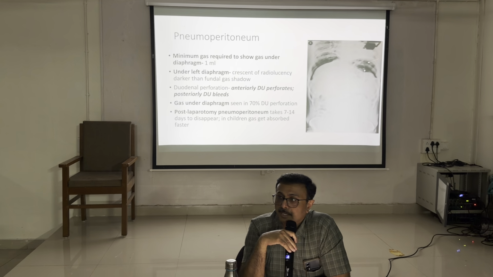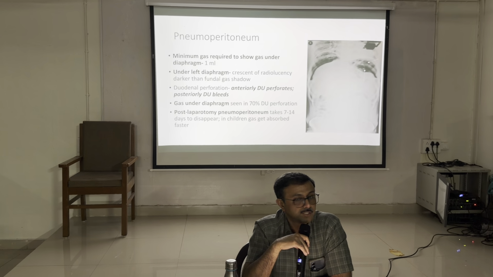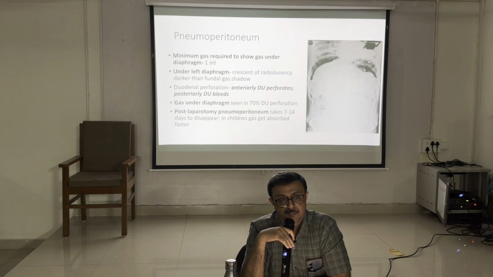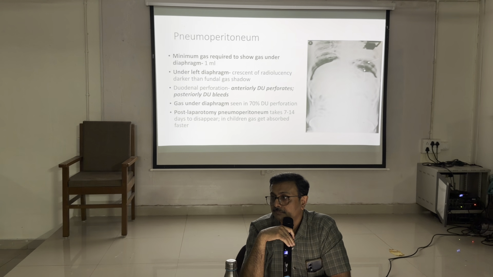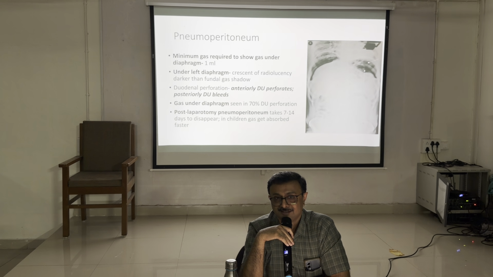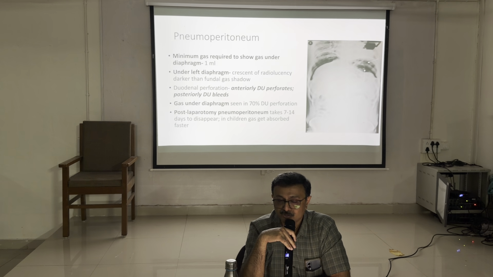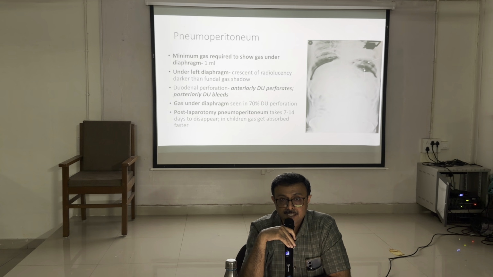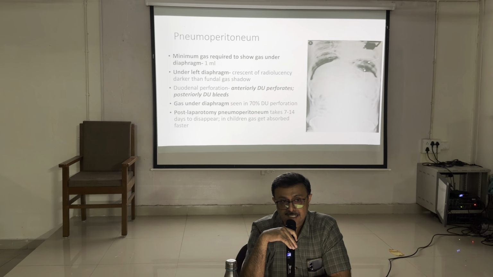What is the most common cause of hematemesis? Ulcer, peptic ulcer. It is the most common cause. When an ulcer bleeds, upper GI bleeding will be accompanied simultaneously by melena.